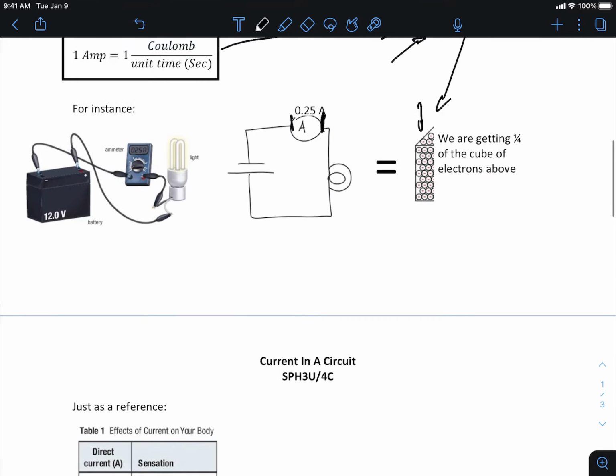All I have to do is find I. I will equal the charge, 0.0002 coulombs, divided by 45 seconds. And we find that the amount of current going through the cell phone charger would be 4.4 times 10 to the negative 6. That'll be amps.